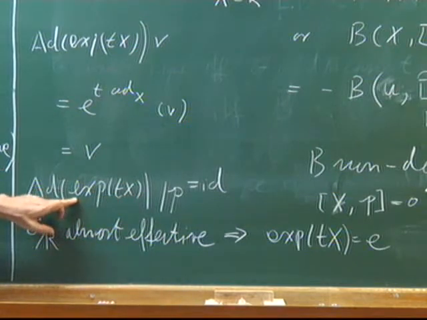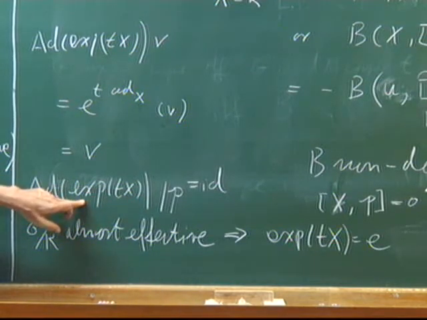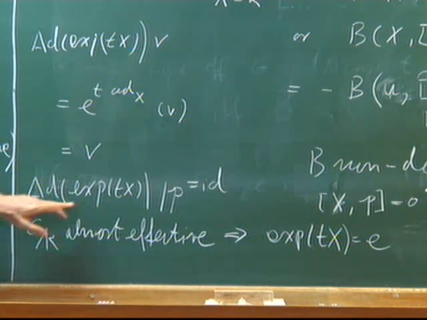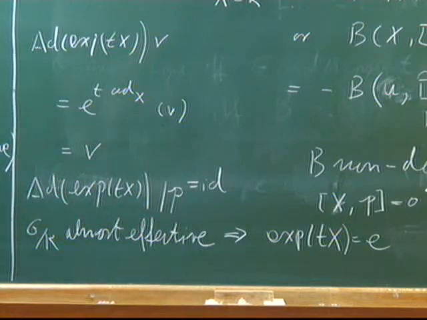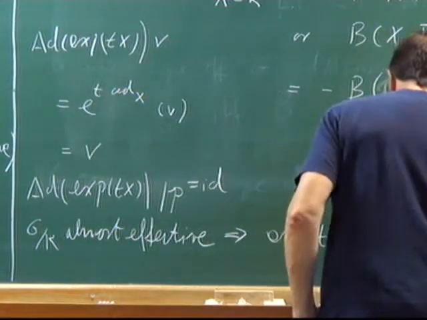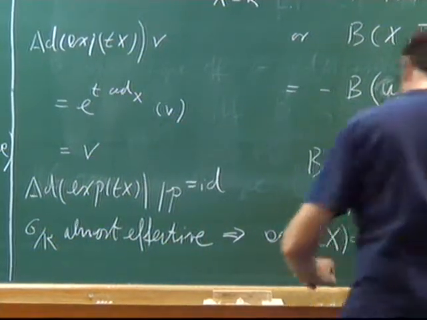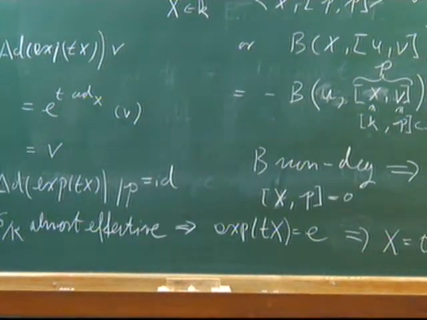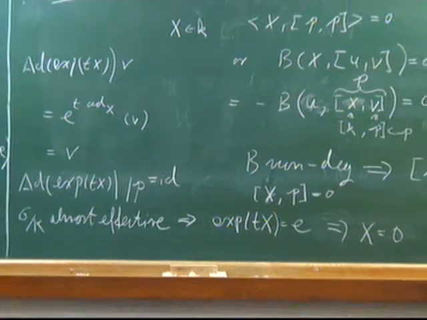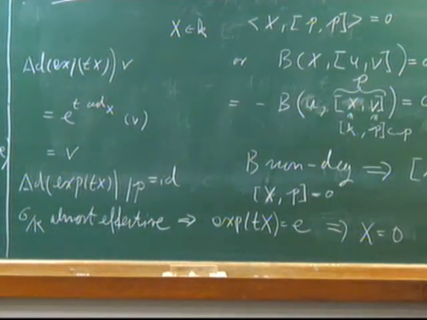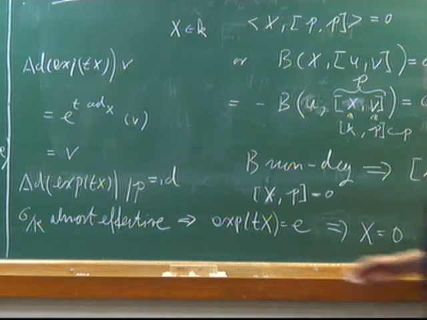This here lies in K. So if adjoint had a kernel in here, it would be an ideal in K and in G. The kernel of adjoint is an ideal. That can't be because almost effective means K and G have no ideal in common. So the kernel of adjoint on P is only finite. So therefore, since this is a one-parameter group, it must be trivial. And this implies that x must be equal to 0. Right, if x tx is 0 for all t, that means that x is 0. That proves it. So I proved x equal to 0, and that proves this here. Okay, and then the rest also follows easily.